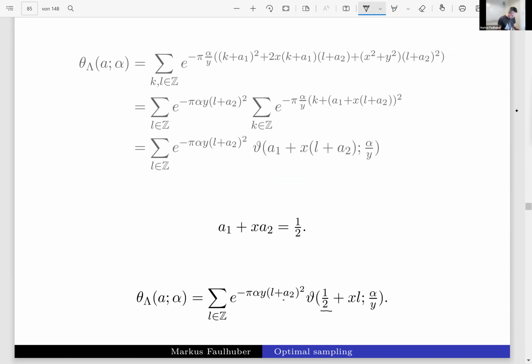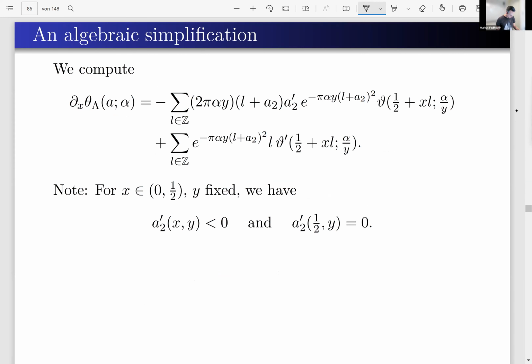So we only have the dependence on A2. And computing the derivative, we saw, okay, this A2 prime, the derivative with respect to X, is always negative. And so that was somehow causing trouble. But we observed, okay, if this equals 0, then everything simplifies a lot.